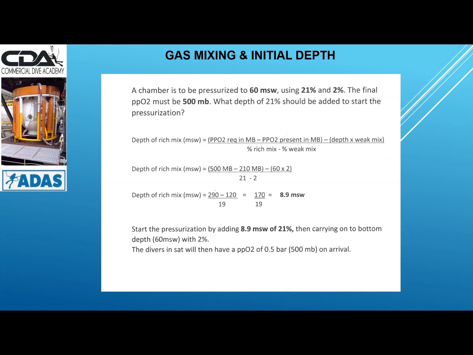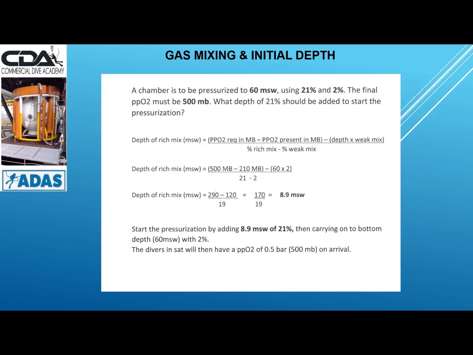Here's another one. The chamber is to be pressed to 60 metres using 21 and 2%. Final PPO2 must be 500 millibar. What depth of 21% should be added at the start of the pressurisation? There's our calculation, there's our numbers, and there's the breakdown, and it comes to 8.9 metres of salt water.